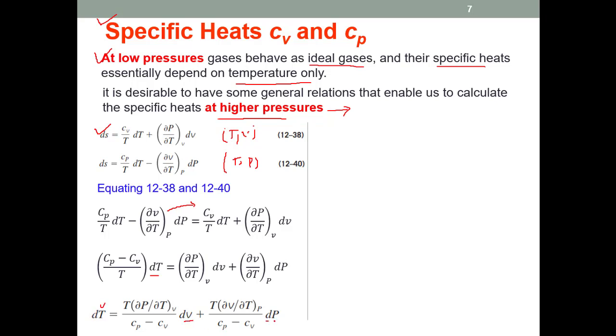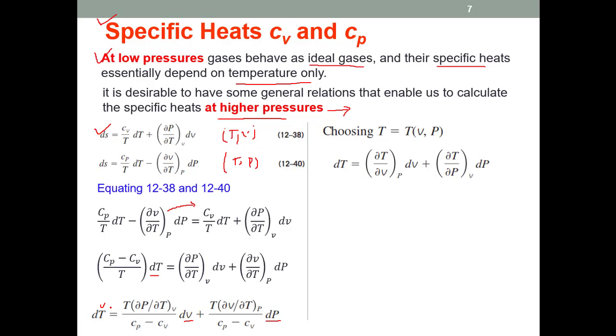Now further, if you carefully observe, this is like a total differential of temperature in terms of specific volume and pressure. Let's say we choose temperature as a function of specific volume and pressure, and we take the total differential of the temperature. Then dT will be equal to partial T by partial V into dV plus partial T by partial P into dP.